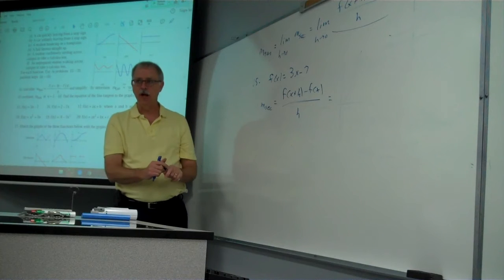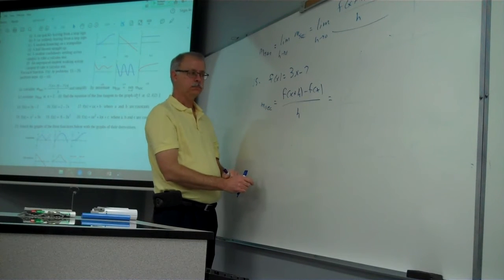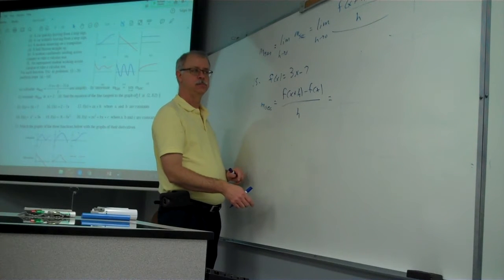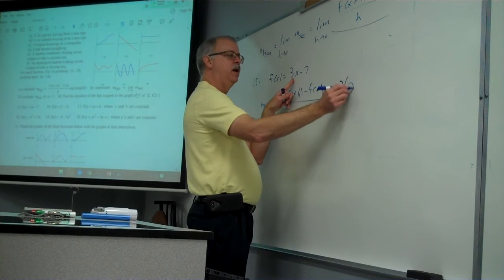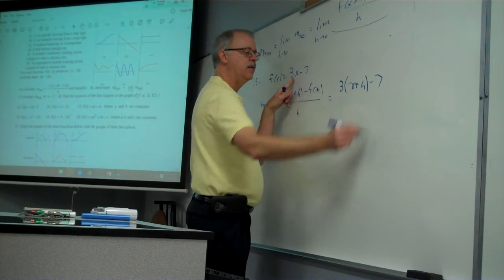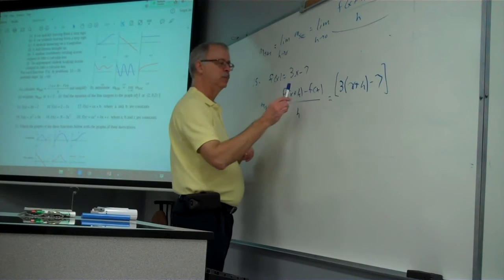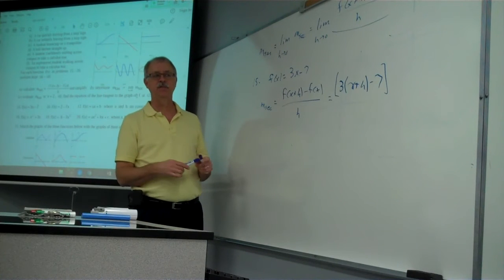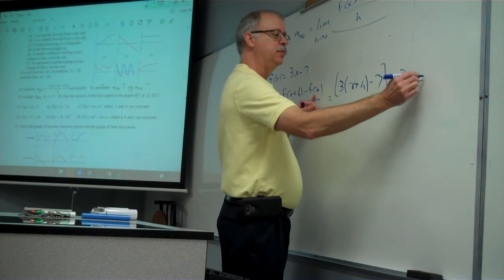That's why it's just h in the denominator. So we need to figure out, well, what's f of x plus h? Well, our function says f gives us 3 times our input minus 7. So the fact that the input's more complicated doesn't change what f does. It's 3 times the input minus 7. F of x, 3 times the input minus 7.